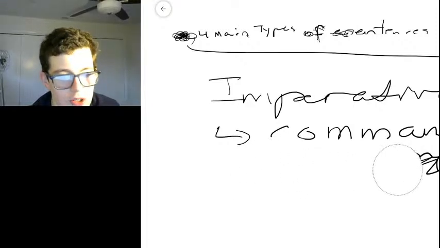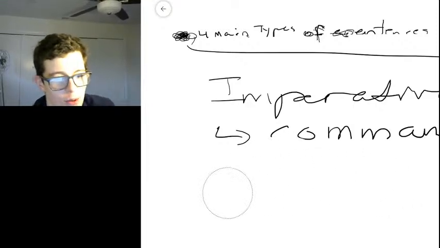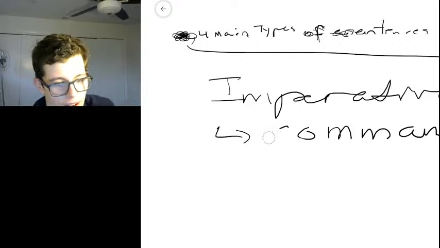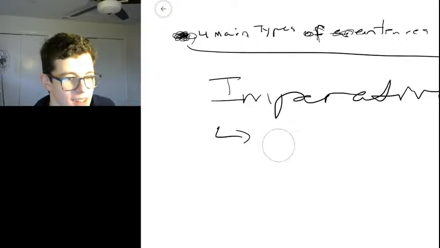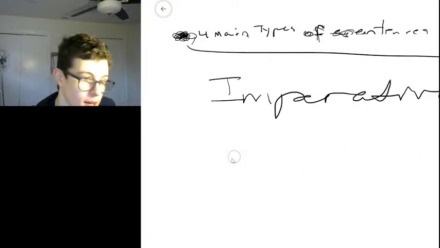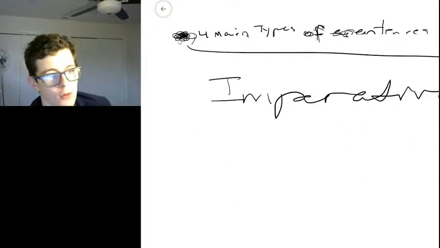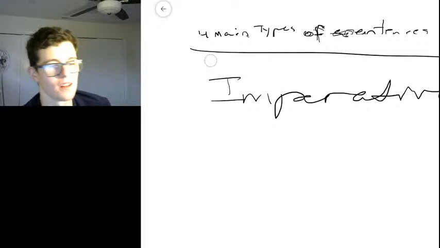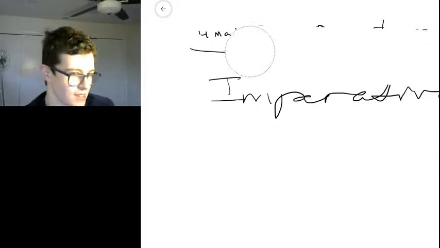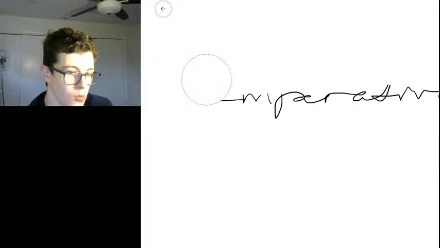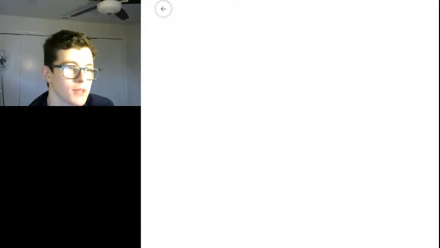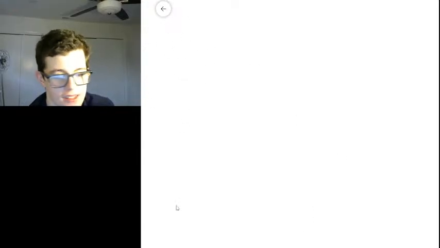Like, for example, "You, go," would be a command sentence. Or "get me a drink." Or, if you want to be polite about it, you could say, "would you please fetch me water from the well?" That'd also be a command sentence. Or you could say, "please do not touch the dangerous chemicals." That would also be a command sentence.